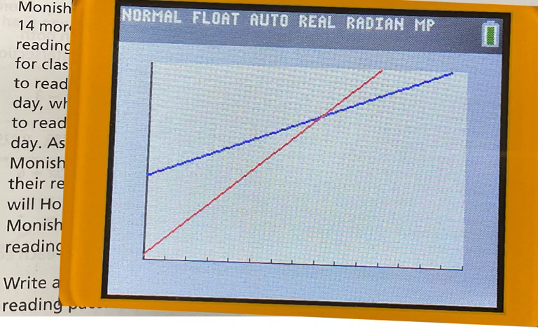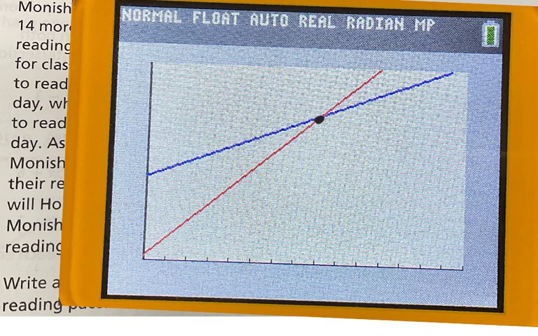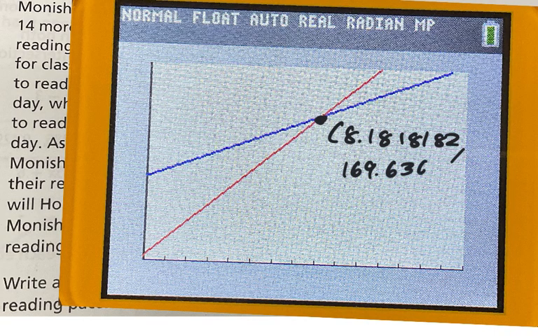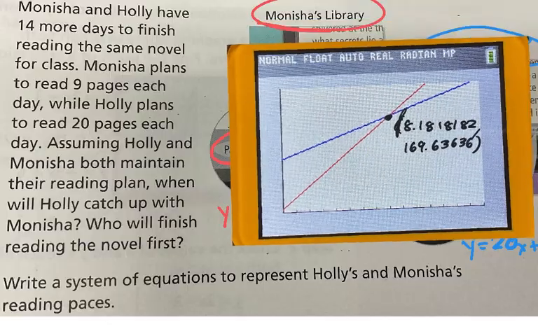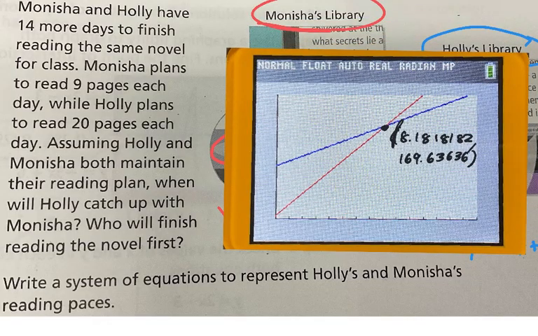So the point of intersection, let's go ahead and write that down, is 8.1818182, comma, 169.63636 is my y value. So let's answer the question now.